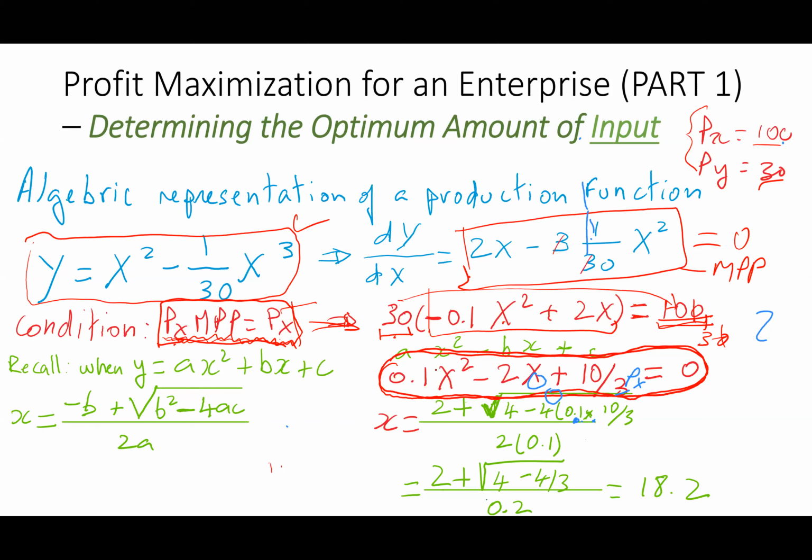And so to get the optimum of this quadratic function, we apply the quadratic formula. By applying this formula, we found that the optimum profit is obtained when the input use is 18.2.